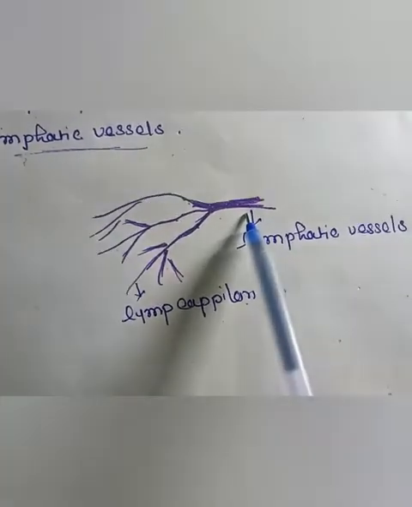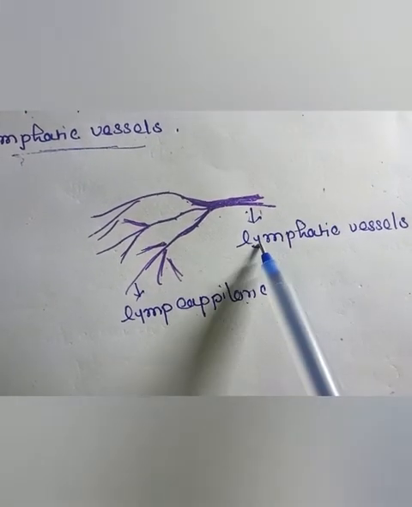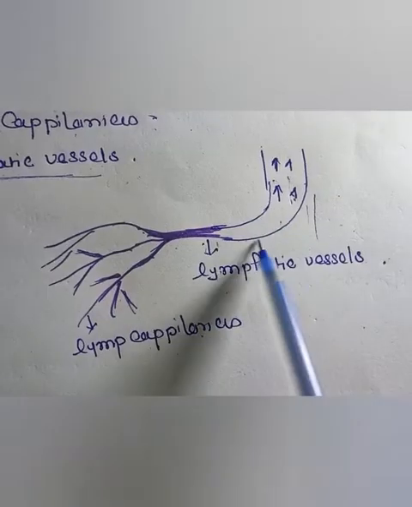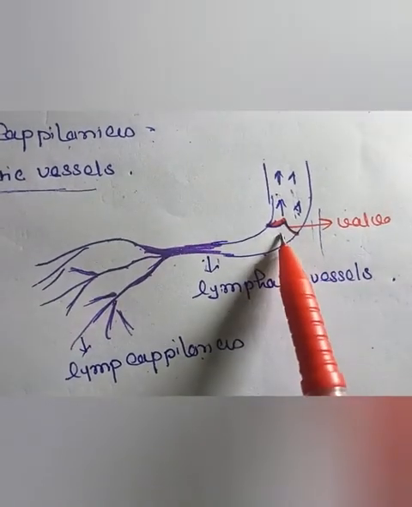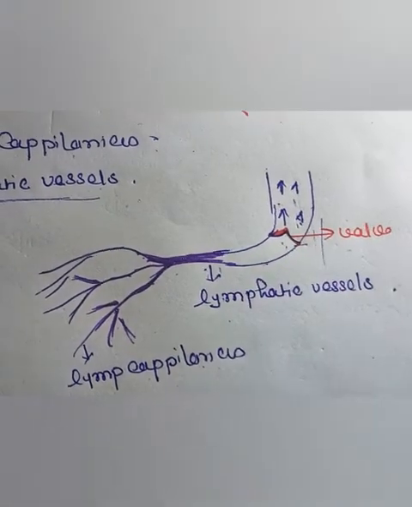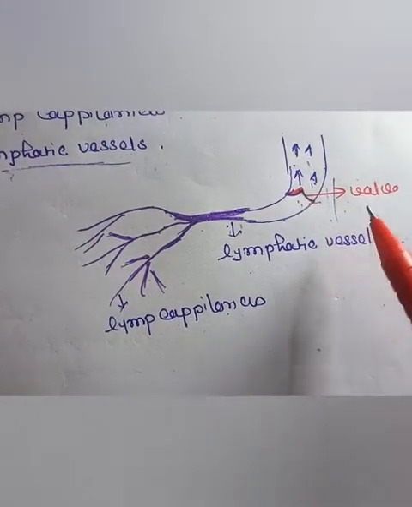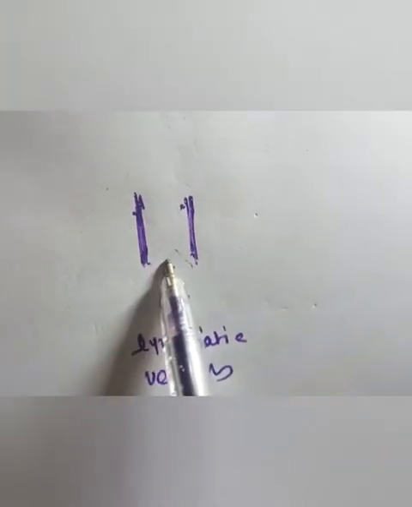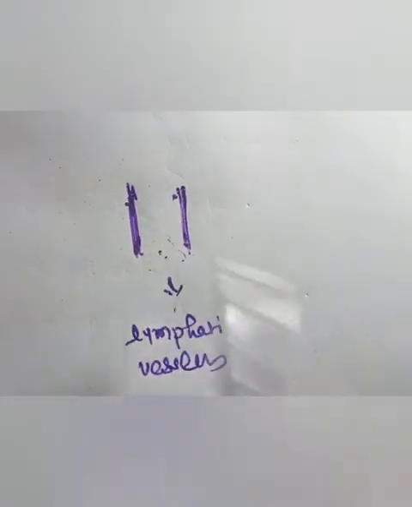These lymphatic vessels carry the lymph toward the thorax, always upward, and the lymph cannot flow back because there are valves in the lymphatic vessels. Now the most important question is how the lymph is carried by the lymphatic vessels. In the lymphatic vessels there are muscles, and when the muscle contracts, the lymph is moved along.